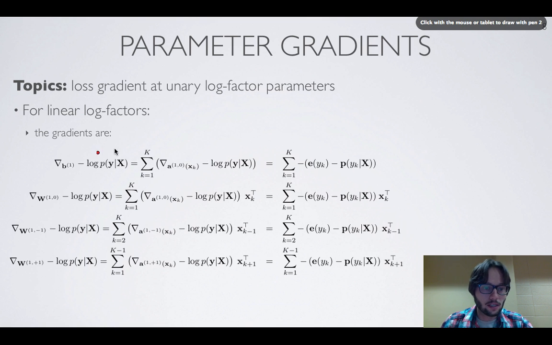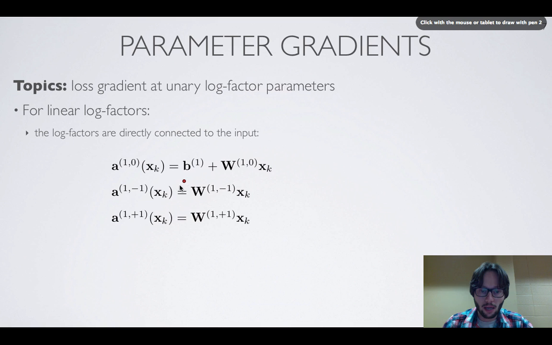In this case, for the gradient with respect to the bias, notice I didn't put a bias for the other terms, because it would be redundant; a single bias is sufficient.